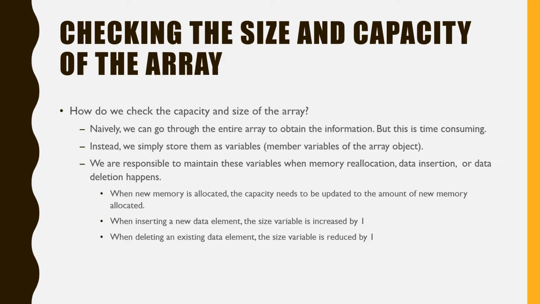When a new data element is inserted, we need to increase the size variable by 1. And when an existing data element is deleted, we need to decrease the size variable by 1. In this case, when the capacity and size variables are properly maintained, checking the capacity and size can be performed by simply returning the values of the corresponding variables.